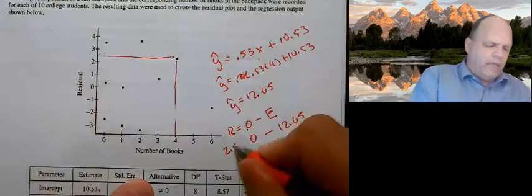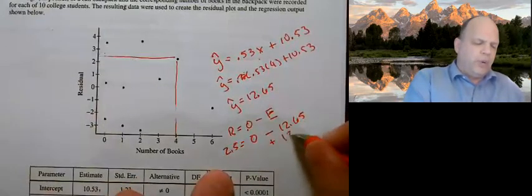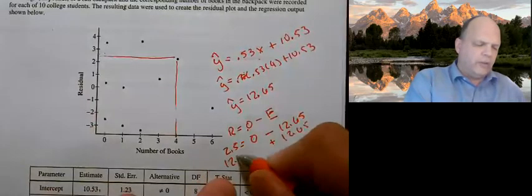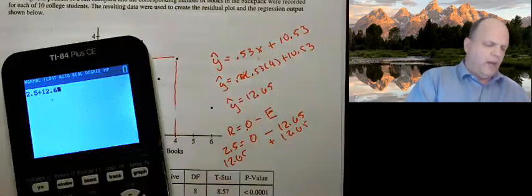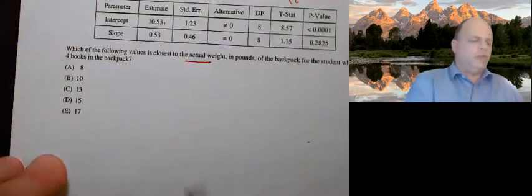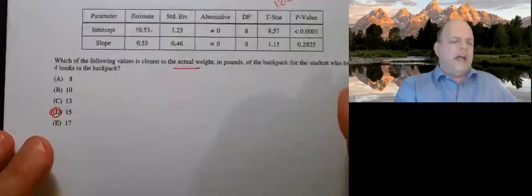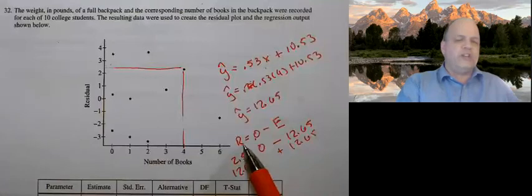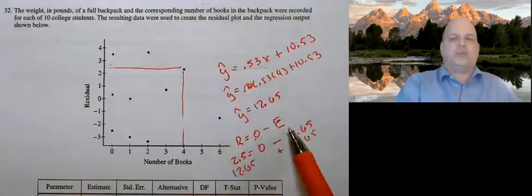So 2.5 equals the observed minus the expected. If I add 12.65 to both sides, 2.5 plus the 12.65, I end up getting 15.15. Looking at my answer choices, the closest is 15. So it looks like the actual weight is about 15 pounds. And remember, residual equals observed minus expected, or actual minus predicted.